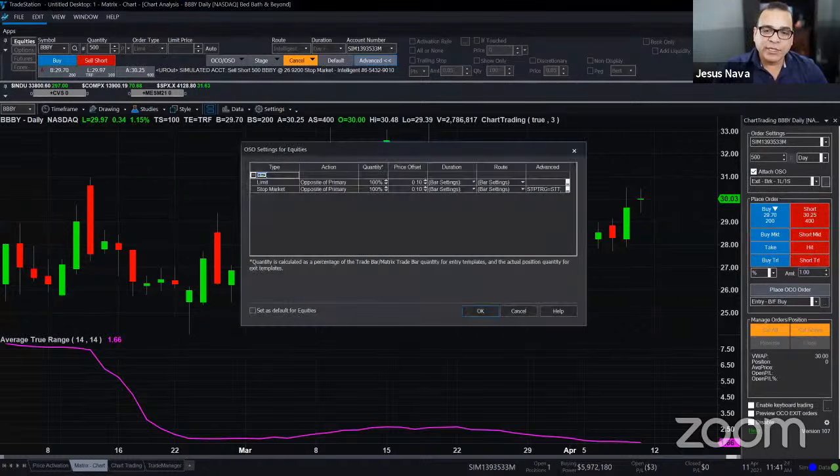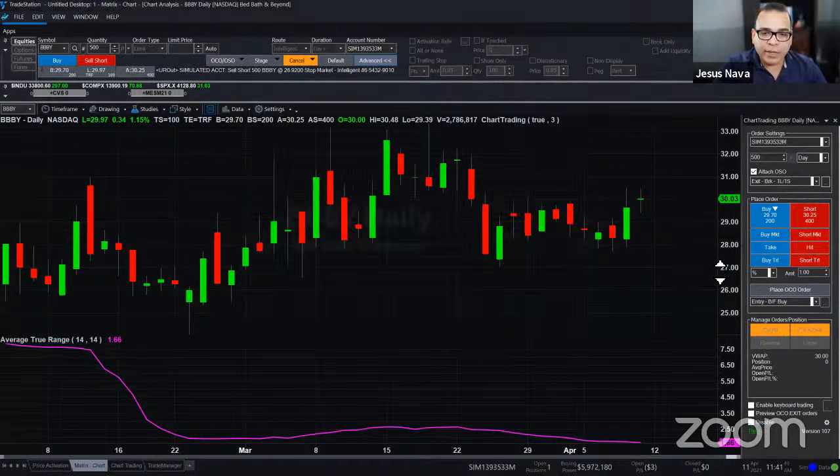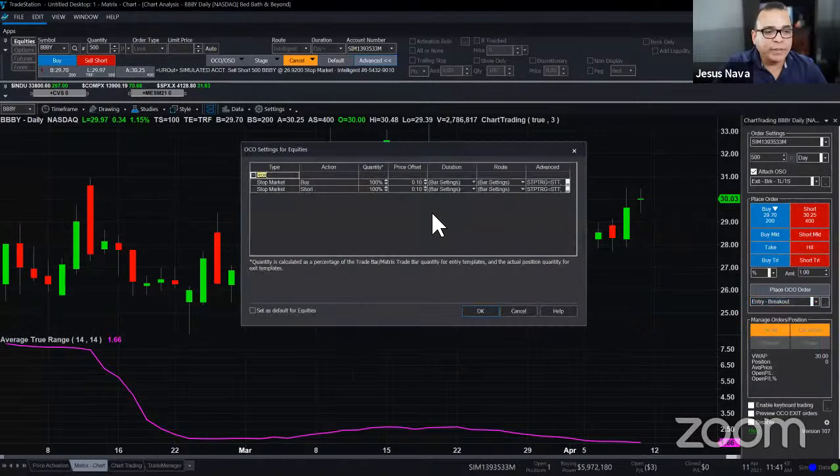Let me check the settings here for the offsets. This is 10 cents each. Let me turn these into just $1 each. $1 each on the top. Let me change that a little bit. Let me do $2 on target, $1 on stop. Okay, and right here, I'm going to do the breakout the same way that we did earlier.